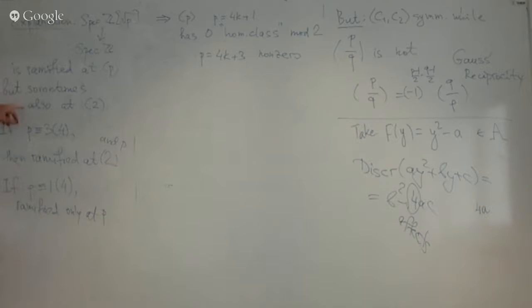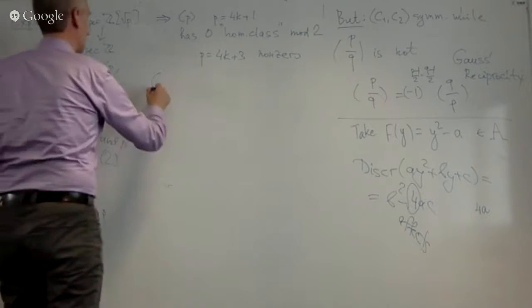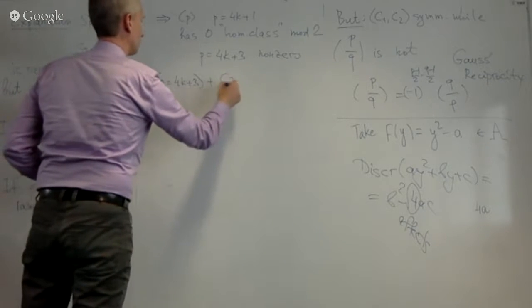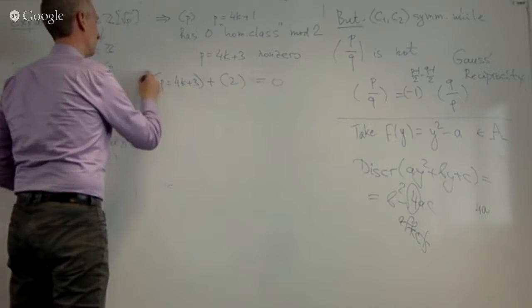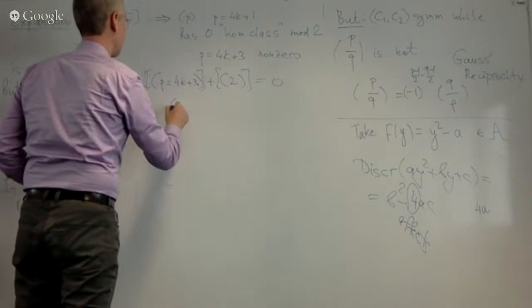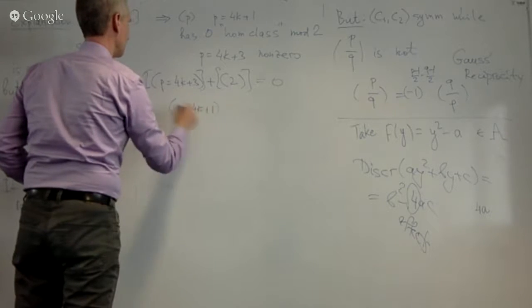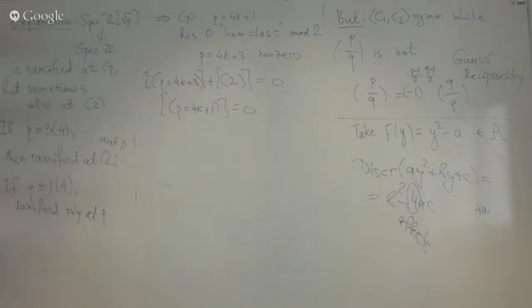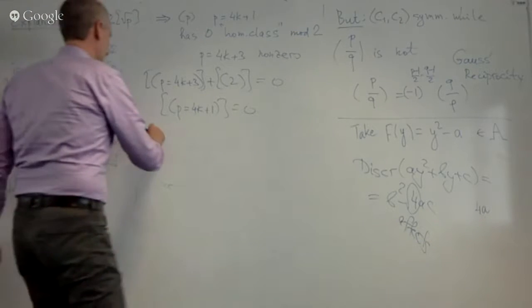So the class of p equal to 4k plus 3 plus the class of 2 equals 0 in homology, and the class of p equal to 4k plus 1 is 0 by itself, just from the existence of ramified coverings. No matter what we try, it's not possible to have a double cover which would ramify only along this line. So not possible.